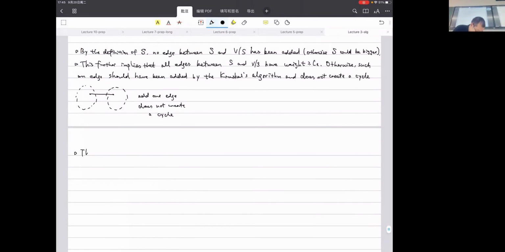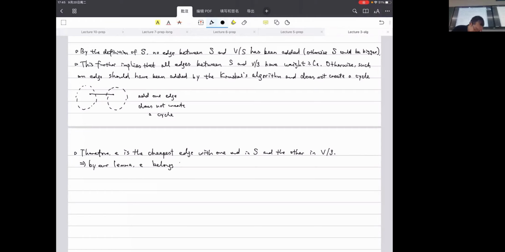Therefore, e is the cheapest edge with one end in S and the other in V over S. And by our lemma, e belongs to every MST.